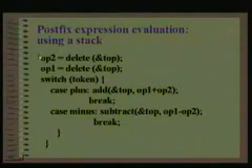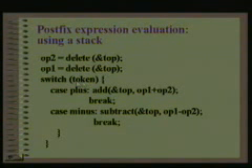Let's just assume for the time being that we have got some operator as a symbol or as a token. So we pop the first operand, we pop the second operand, and then check again. The token here is only meant for operators.